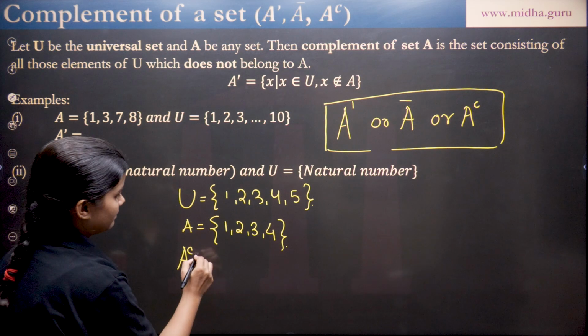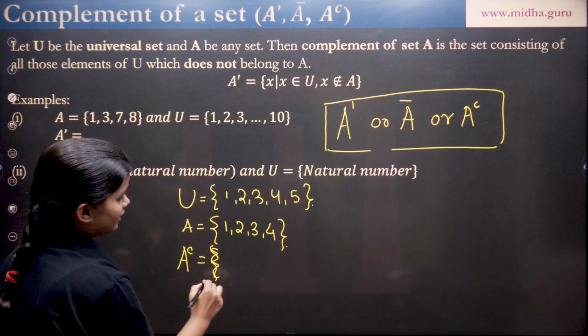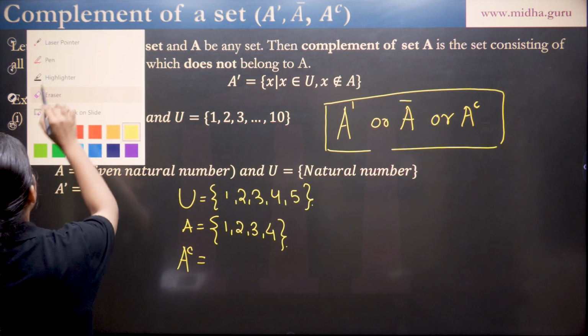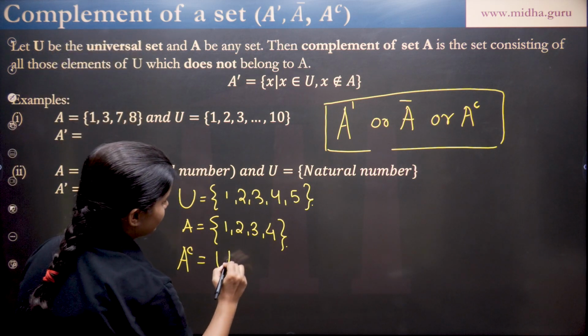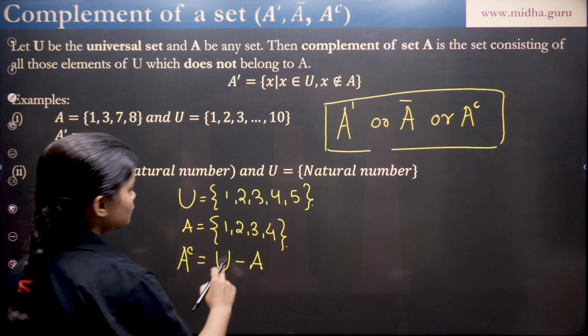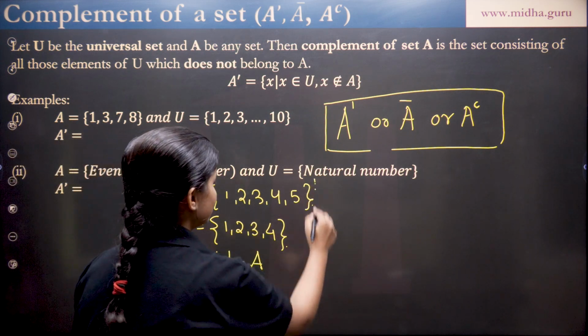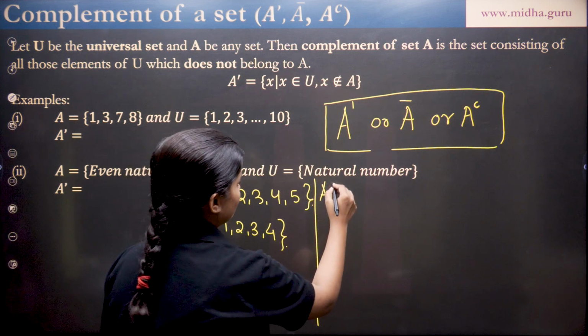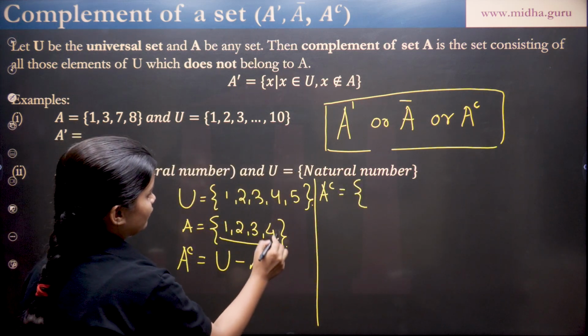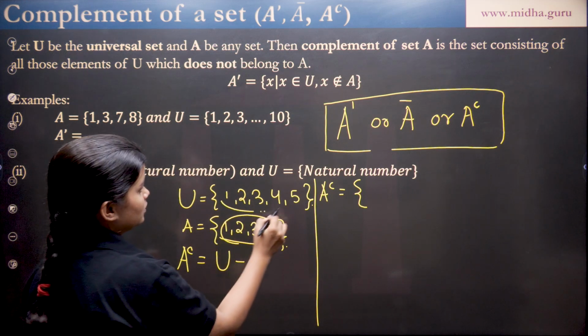So we can find A complement by subtracting the given set from the universal set. So universal set minus set A, so A complement is, from the universal set we have to remove these 4 elements 1, 2, 3 and 4.